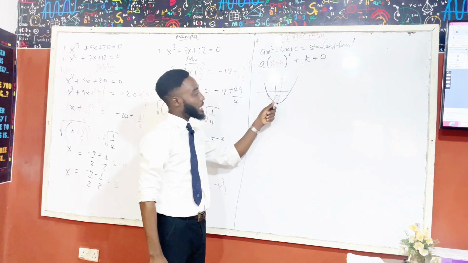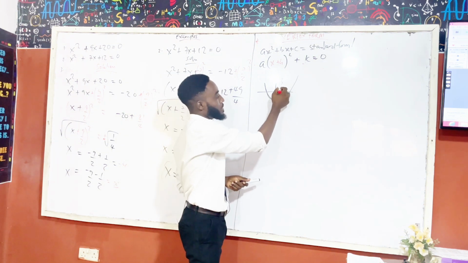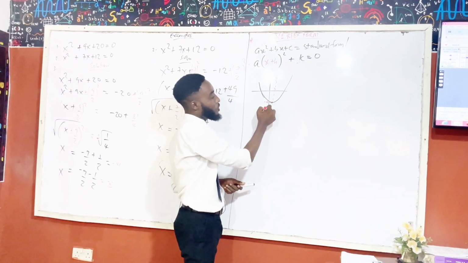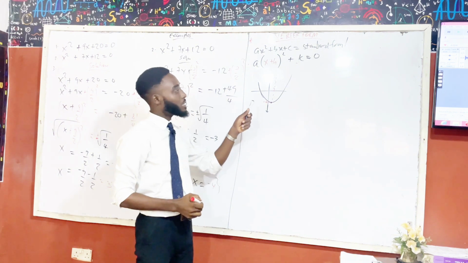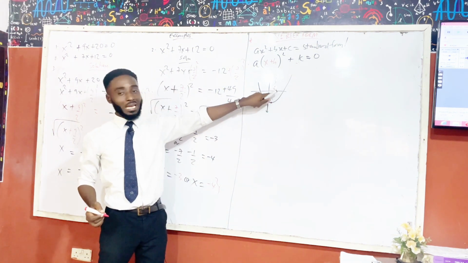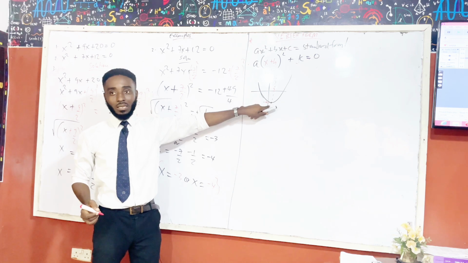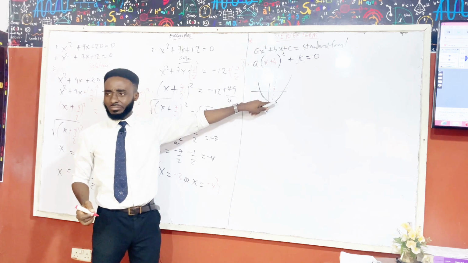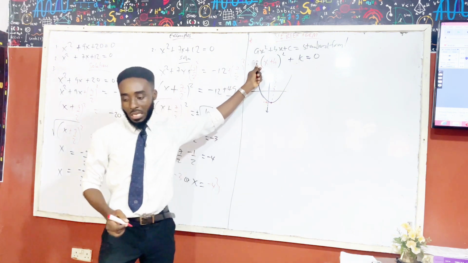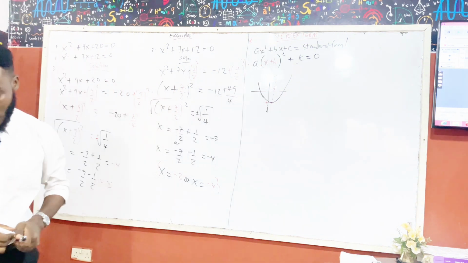So the turning point, let's say this is 3, this is around minus 4. It simply tells me that the graph has a vertex of 3 and then minus 4. This way it's turning. Do we get that? Can I move on?